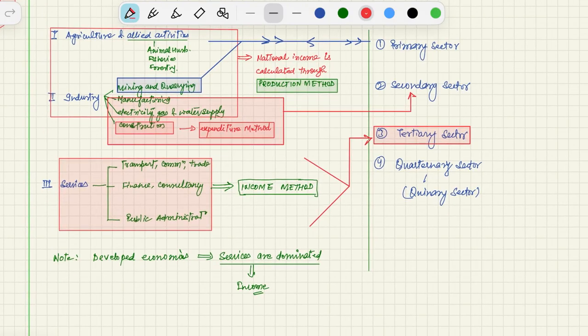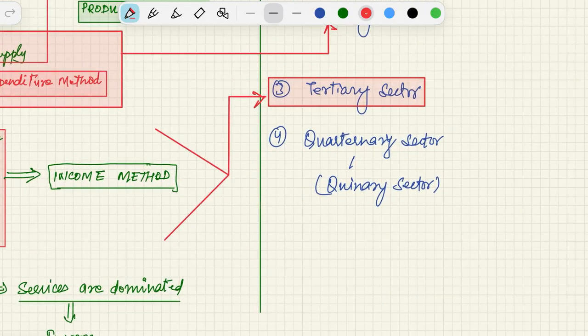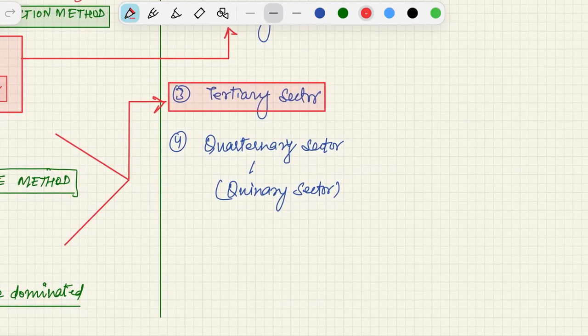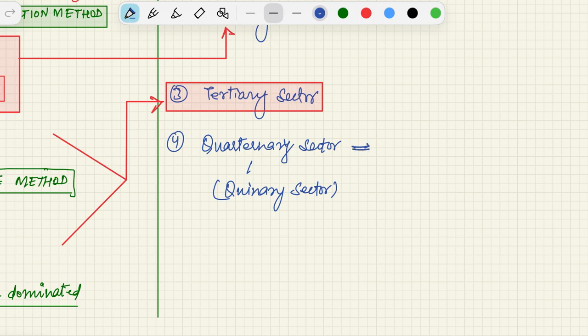The quaternary sector is where research and development activities are done. Are they also counted in the national income?